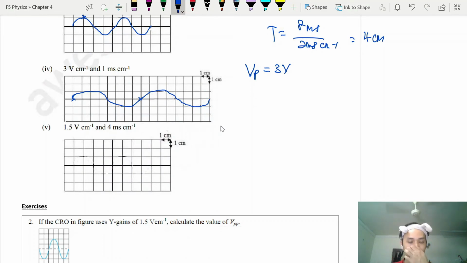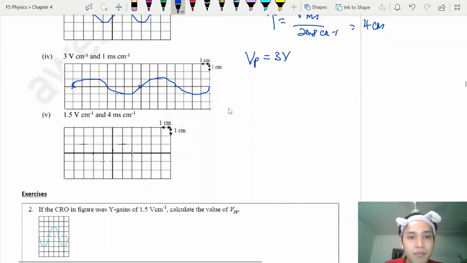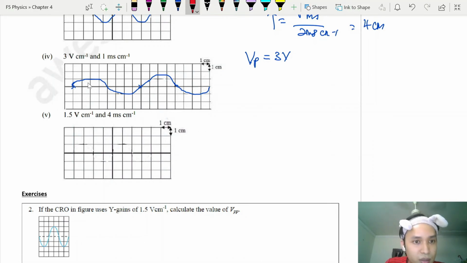Now in your exam or in your SPM, when you draw, please draw very accurately. Don't overdraw it. I'll just show you an example. Sometimes students simply draw like this. By right, your peak voltage is only 1 cm, 3 volts, meaning only 1 square.